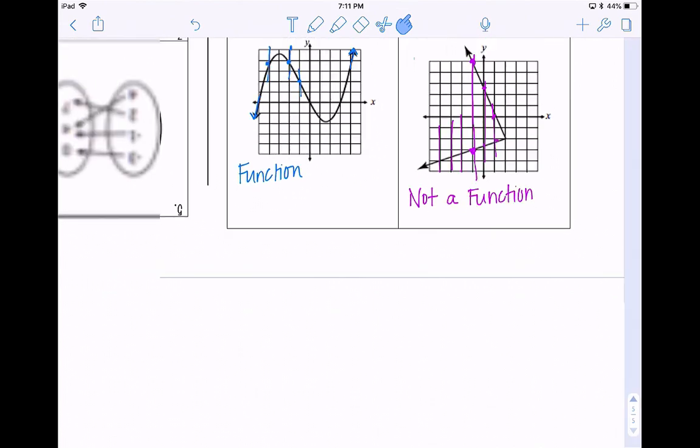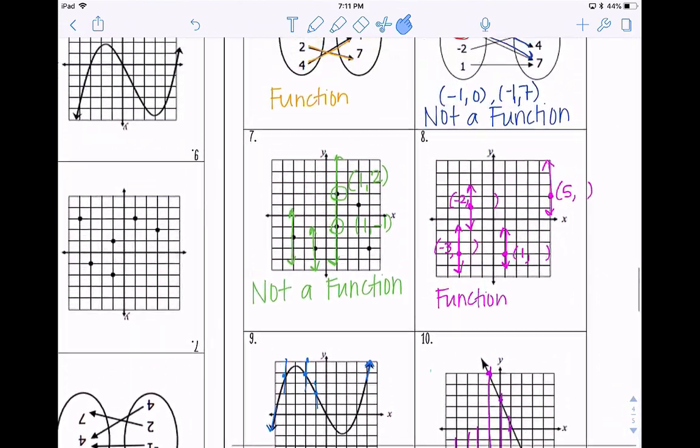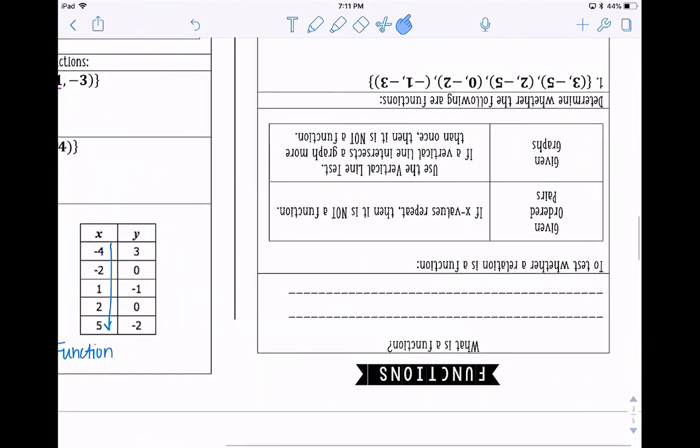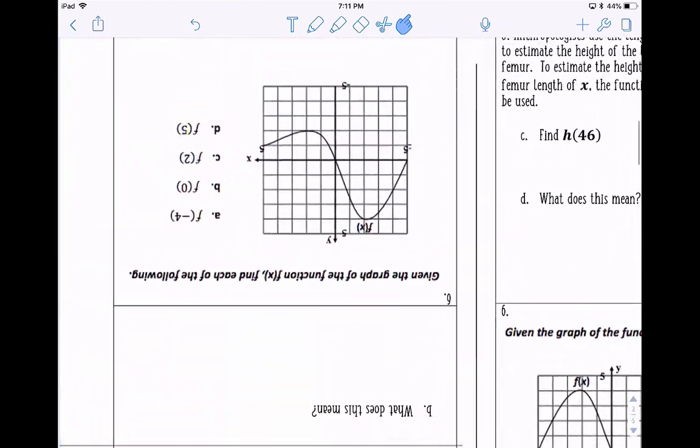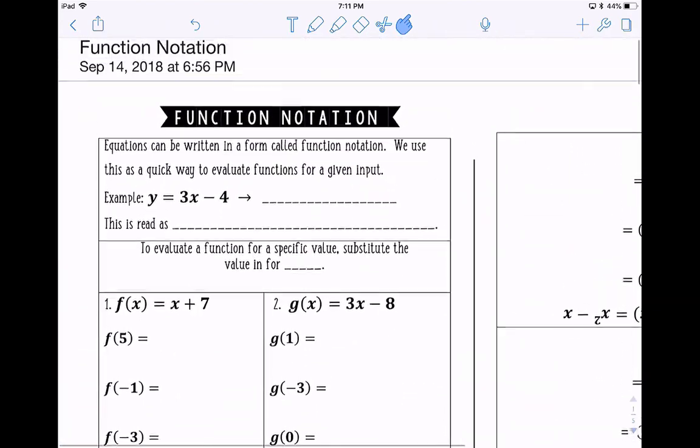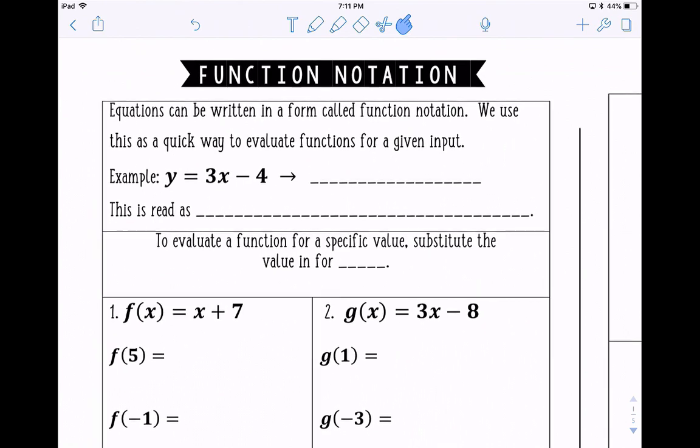And that is it. That's all you need to know really for what a function is. So hopefully that's pretty easy for you. So let's now talk about function notation. Function notation is just a different way that we can write an equation. The instruction at the top says, equations can be written in a form called function notation. We use this as a quick way to evaluate functions for a given input.